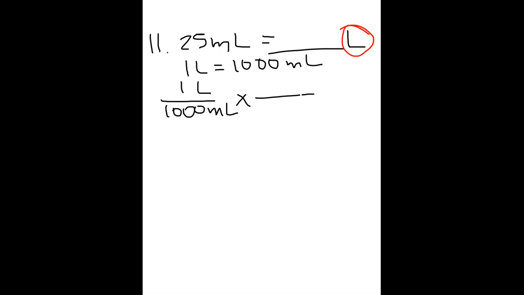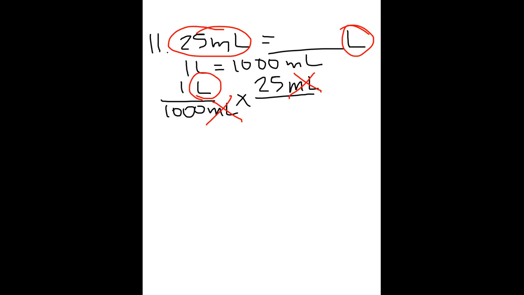And since our denominator is in milliliters, in our next fraction the numerator has to be milliliters. So looking at our problem, we have 25 milliliters. So that's where we're going to put it in our numerator. That way our units are canceling. Milliliters cancel, and we're left with liters as our numerator, or our resulting answer.